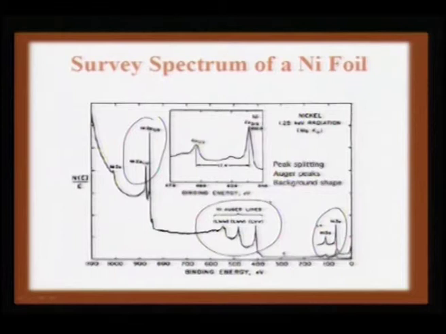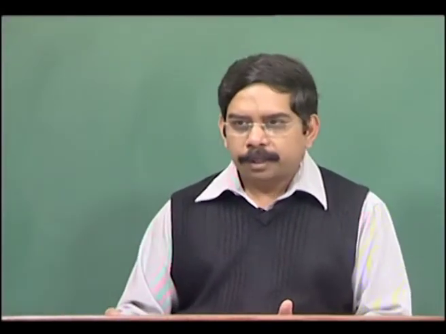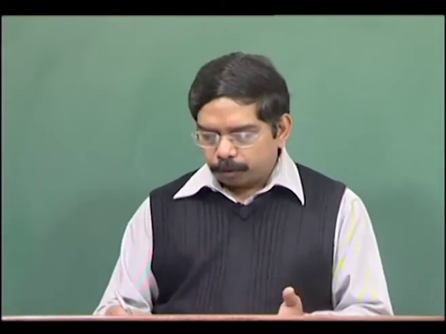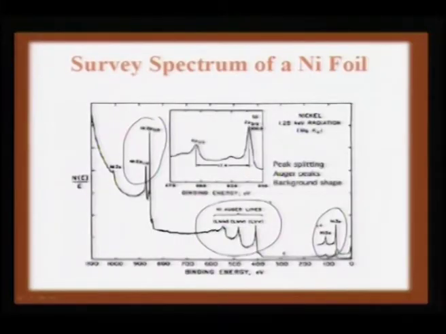Typically you cannot avoid the Auger lines in a survey spectrum, but you can easily make out which is coming from Auger spectra, mainly because they will be asymmetric and it will be broad. So, those peaks which are asymmetric and broad are coming due to the Auger effect, whereas the sharp ones are due to the photoelectron.